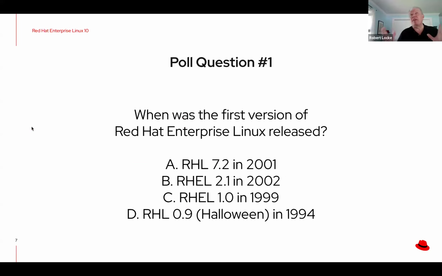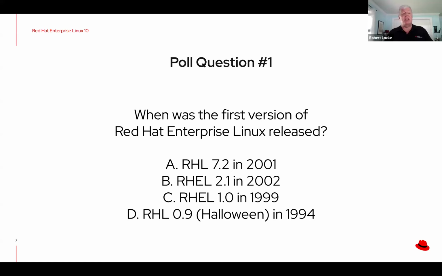So I have my first poll question for you, and that should pop up on your screen. This first question is asking you, when was the first version of Red Hat Enterprise Linux released? Is it A, RHEL 7.2 in 2001? Is it B, RHEL 2.1 in 2002? Is it C, RHEL 1.0 in 1999?